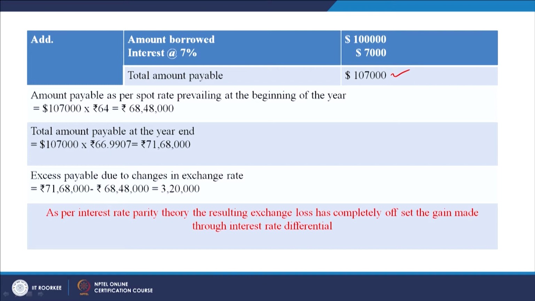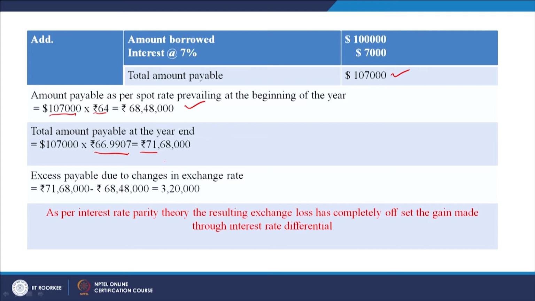The amount payable as per the spot rate prevailing at the beginning is 1,07,000 into 64, so in Indian rupees it is this much. The total amount payable at year end has now changed: 1,07,000 into this much, so 71,68,000.